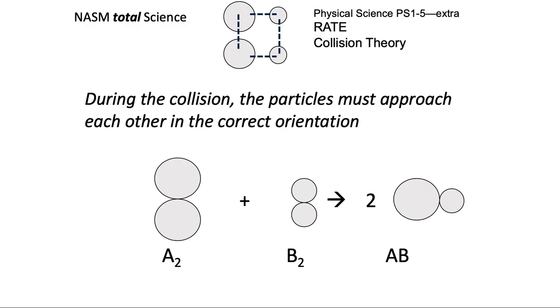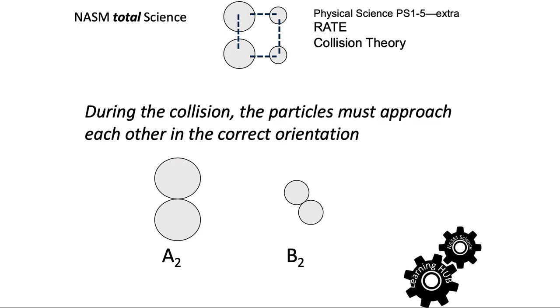So here's a schematic of a reaction. You've got a diatomic molecule A2 reacting with a diatomic molecule B2, which is going to end up with two molecules of AB.